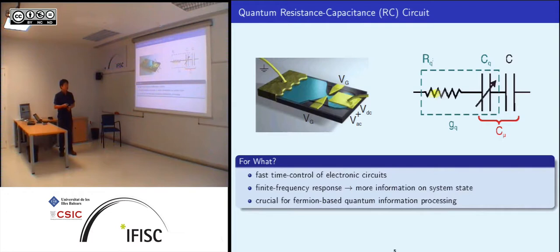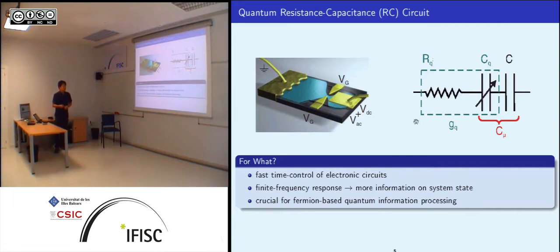But in our usual experiments, the resistance or capacitance are determined by classical electrodynamics. In this case, we want to study the quantum mechanical correction to these basic circuit elements.